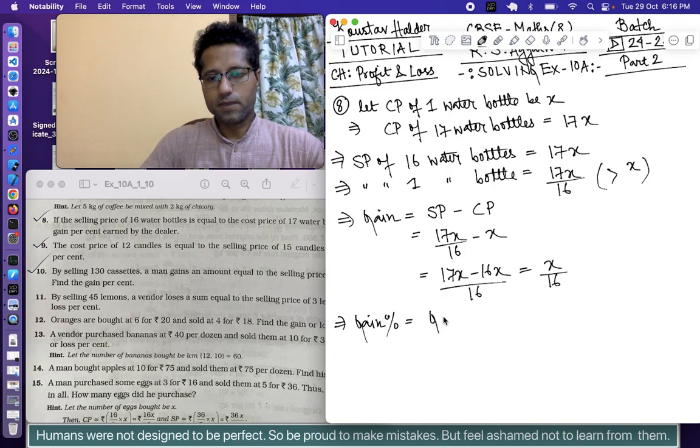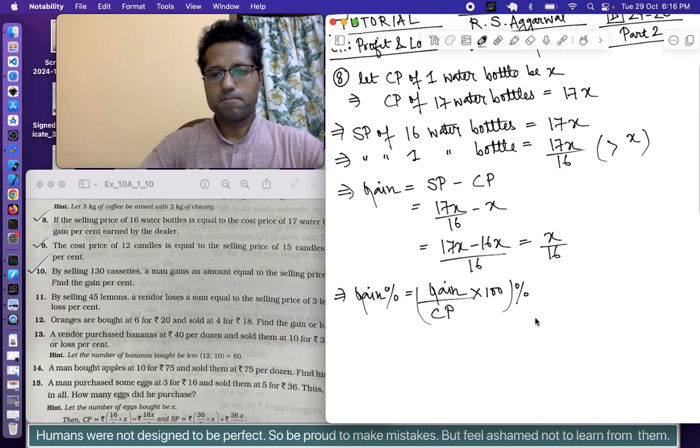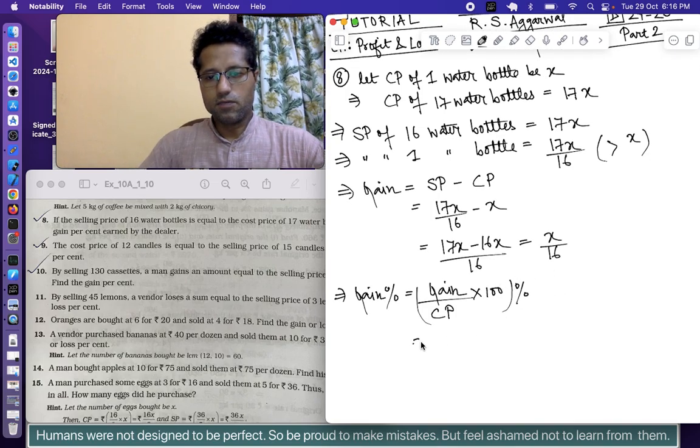Therefore gain percent is equal to gain divided by CP multiplied by 100, this percentage. What is gain? Gain is x by 16. What is CP? CP is x.